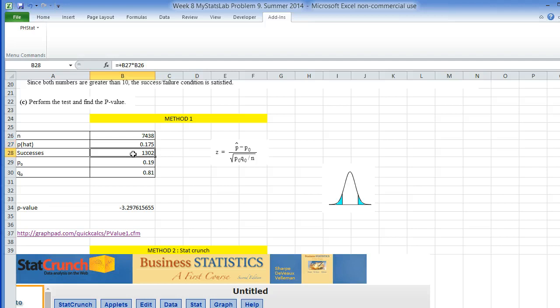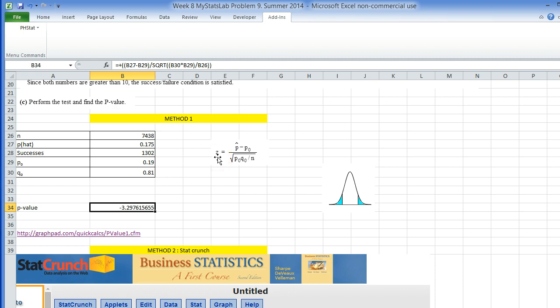The successes therefore is equal to p hat times the sample size, just to show you how we got the number of successes. p naught is 0.19 and q naught is 1 minus p naught, which is 0.81. So this expression, if you look here, what I have done is plugged in all the values here so that I can find a value for z.